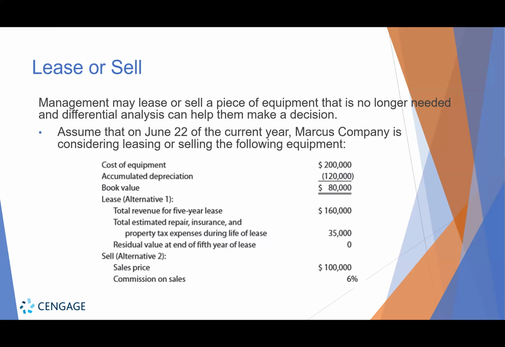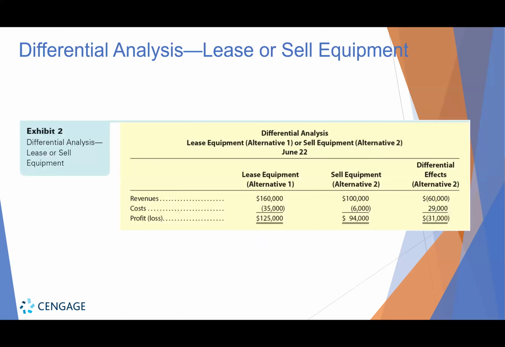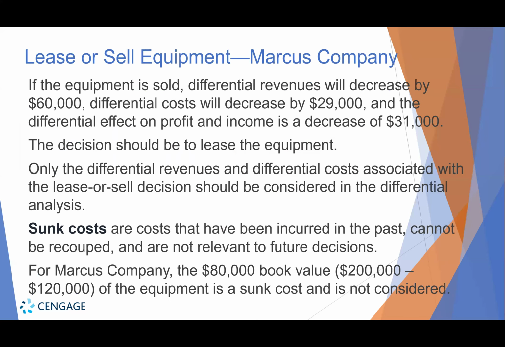So here is what the prospective options are. In this case, with what they know, alternative 1 for leasing the equipment would be a profit of 125. To sell the equipment would be a profit of 94,000. So if we went with alternative 2 over alternative 1, that would be a loss of 31,000 in choosing alternative 2 over alternative 1.